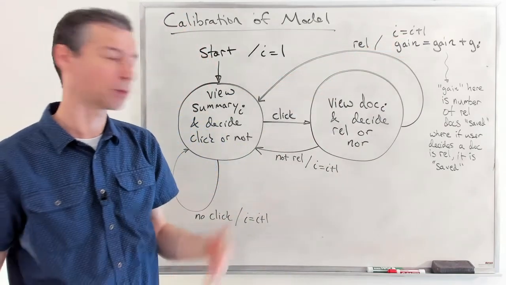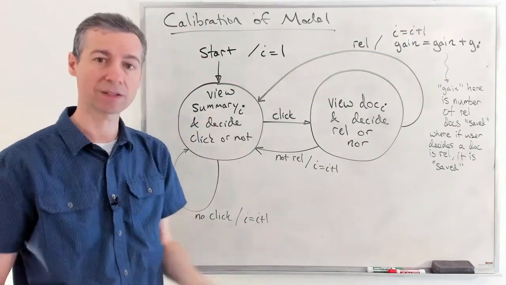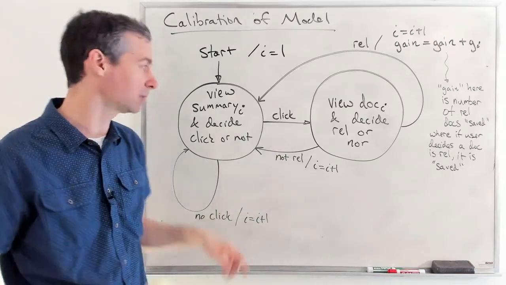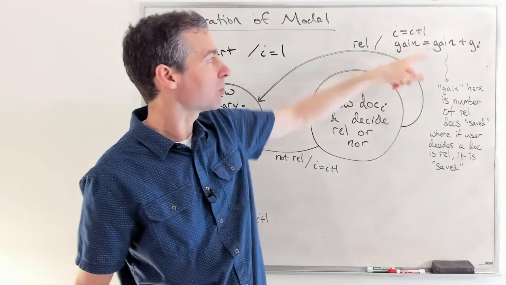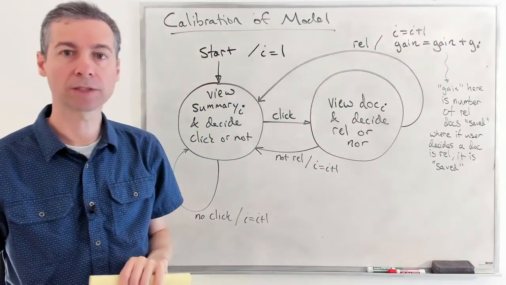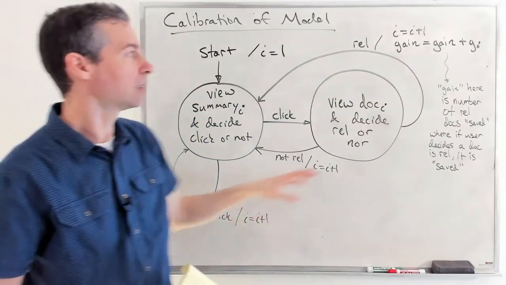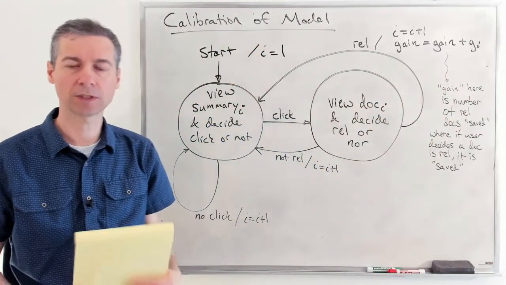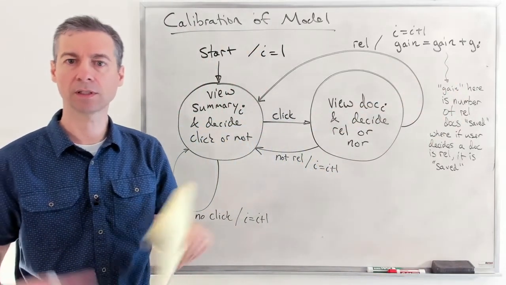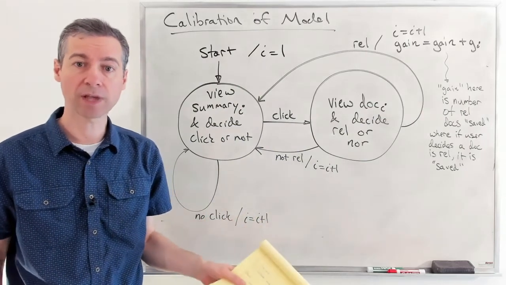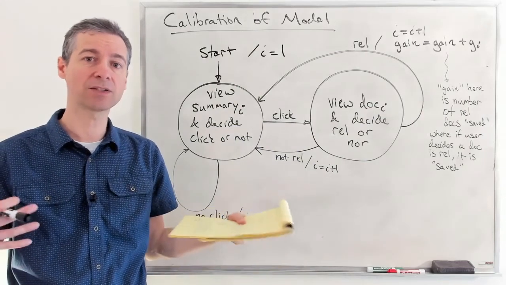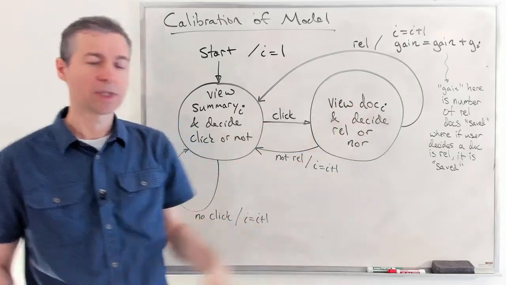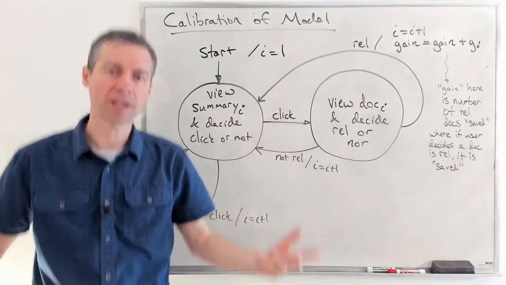When we get back to here, we're going to view the next summary in the result list. Effectively, we're hitting the back button and we're going to increase our gain. All right, we're going to add to it. Now, for us, gain in the model very much is the number of relevant documents that a user has decided to save. So when you decide it's relevant, it's a decision to save the document.